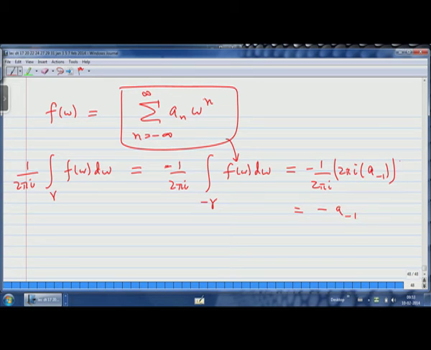So the moral of the story is that when you are looking at the residue at infinity, what you do is you literally get minus of a minus 1, with an extra minus sign added to it, whereas if you look at the usual Laurent series around a point in the complex plane, then the residue is actually a minus 1, which is just the coefficient of the first negative power of the variable, whereas in this case it is the minus of that.